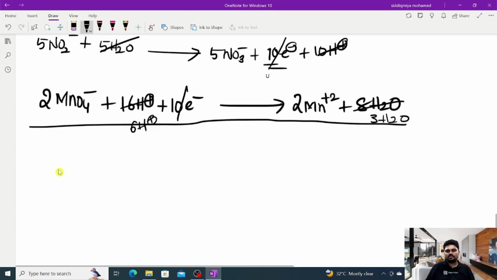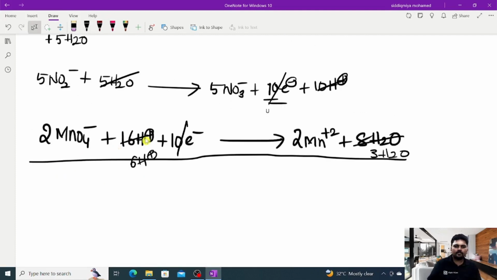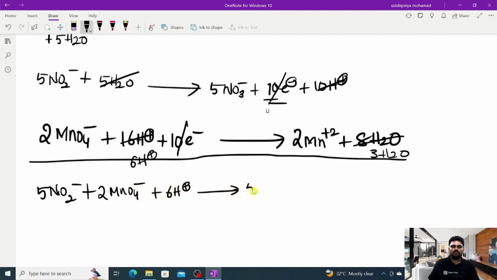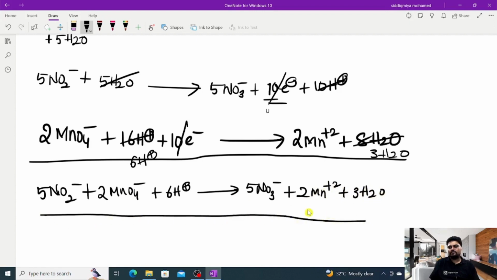Just add up. Then you will get 5NO2 minus plus 2MnO4 minus plus 6H plus will give you 5NO3 minus plus 2Mn 2 plus and 3H2O. This is the balanced equation.